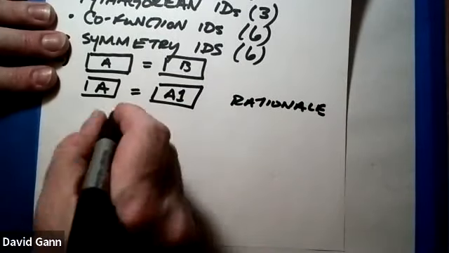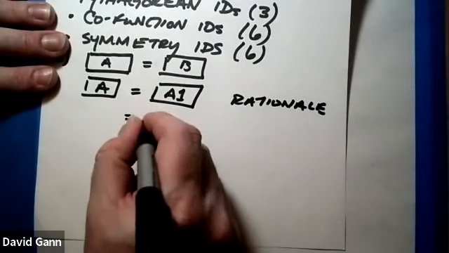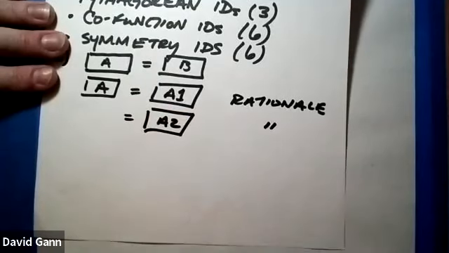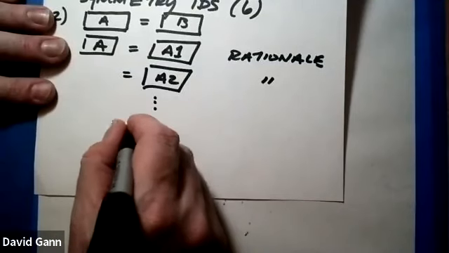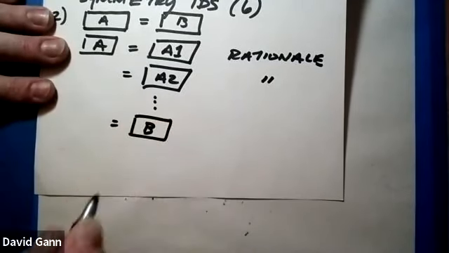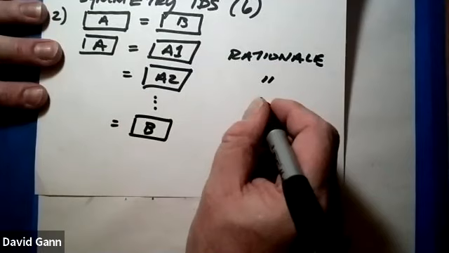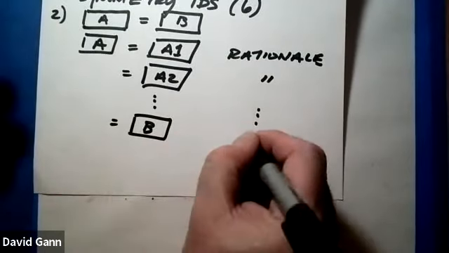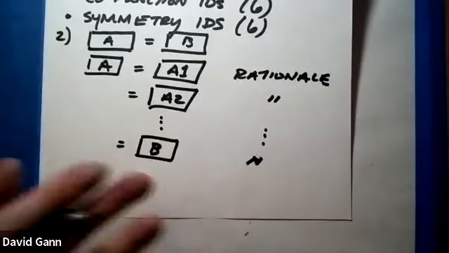And then you'll have a next statement, again with some kind of rationale. And this may continue until you end up with, hopefully, statement B, and again, that may have a rationale as well. This is a standard sort of direct proof.